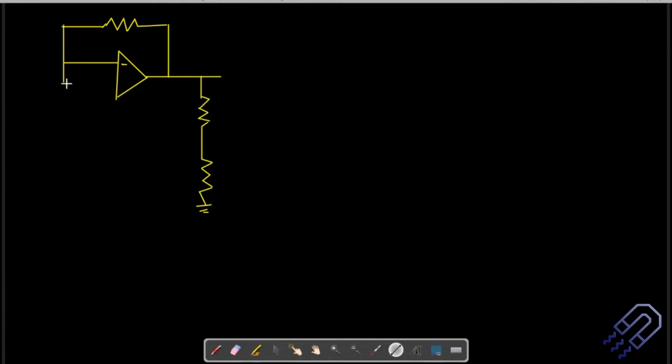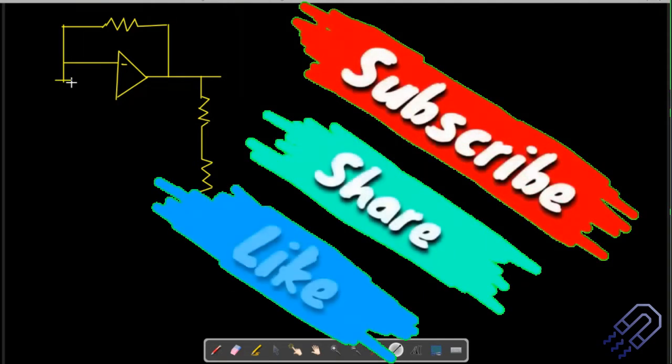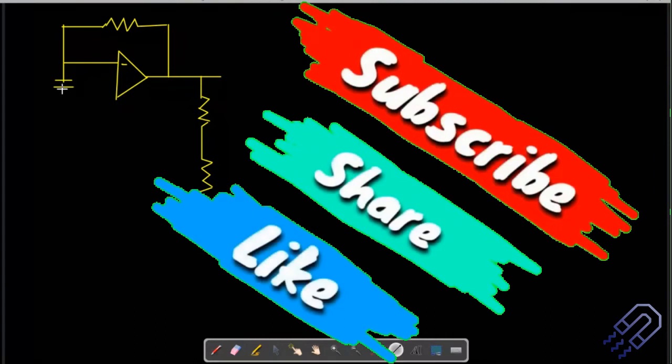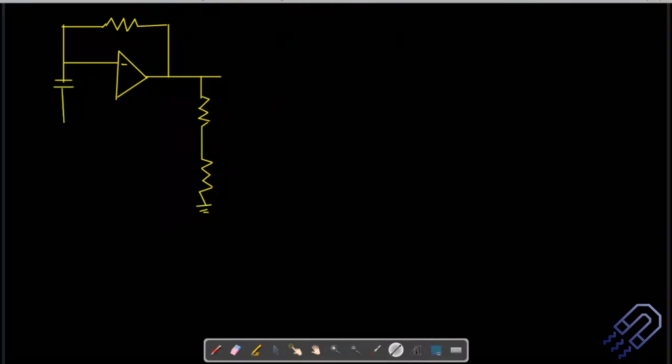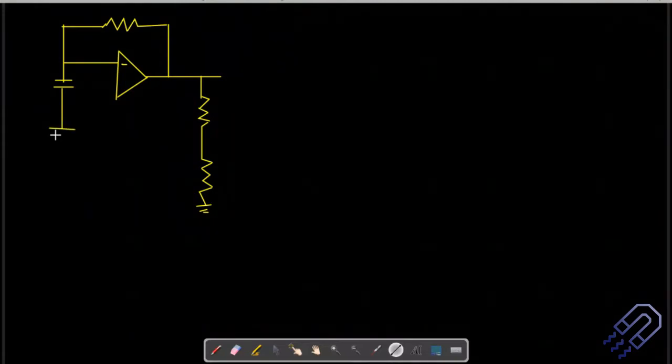In this particular case, in general we have a resistor here, but in the astable multivibrator we have a capacitor, and this is the circuit for it. I'm sure all of you are going to make a lot of mistakes while drawing the circuit diagram if you don't practice, so I'm giving you this warning beforehand.